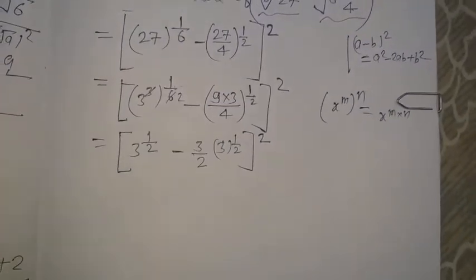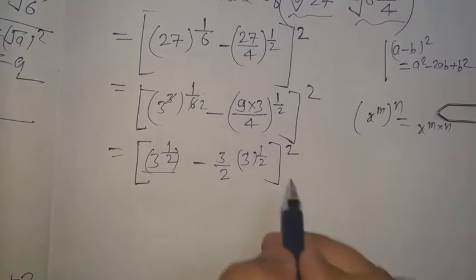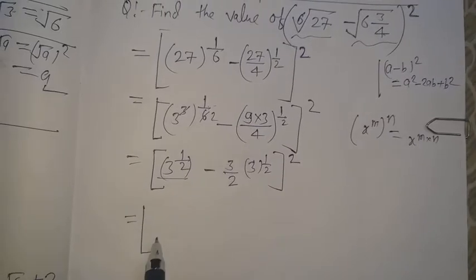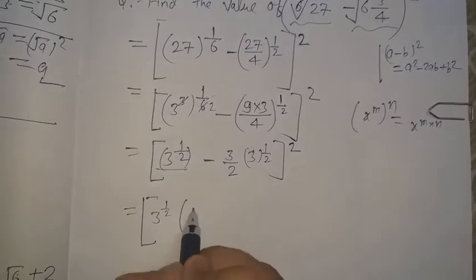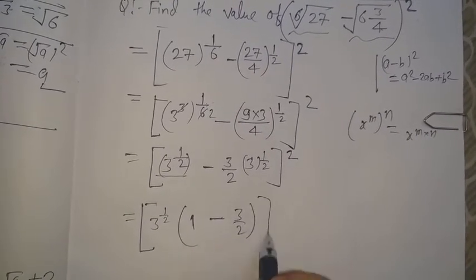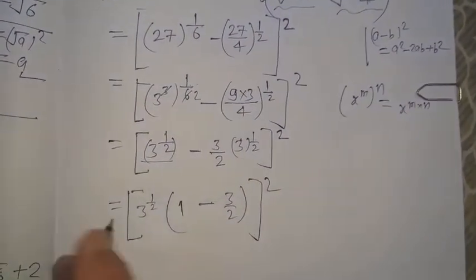square. So is there any common in between these two terms? Yes, 3 to the power 1 by 2. So just take common, 3 to the power 1 by 2 common. So here 1 will remain and here 3 by 2 and whole square. And this square will appear on both the numbers.